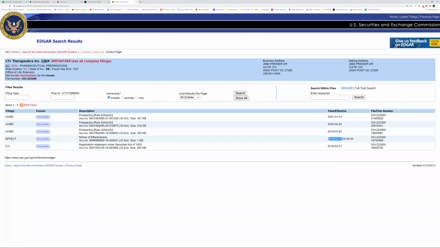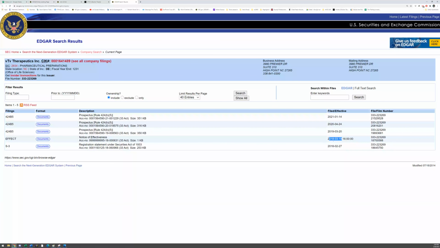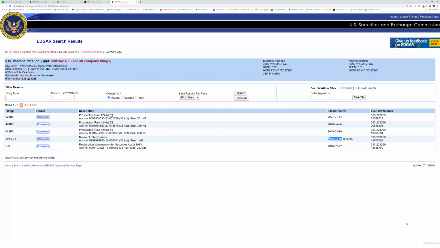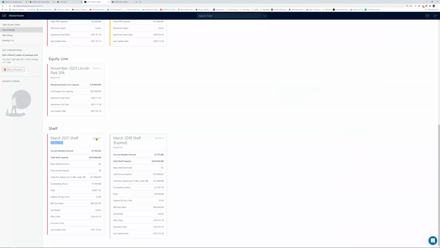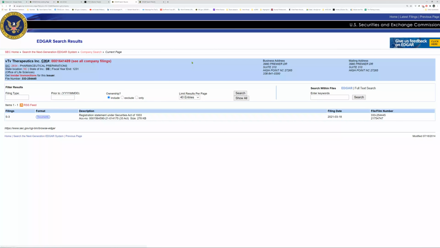So what does that mean? 3 years from this date, it expires. Well, guess what today is? It's 3/20, 2020, right? So they're replacing this with this one, but this one needs an effect. You see how it doesn't have the effect yet?